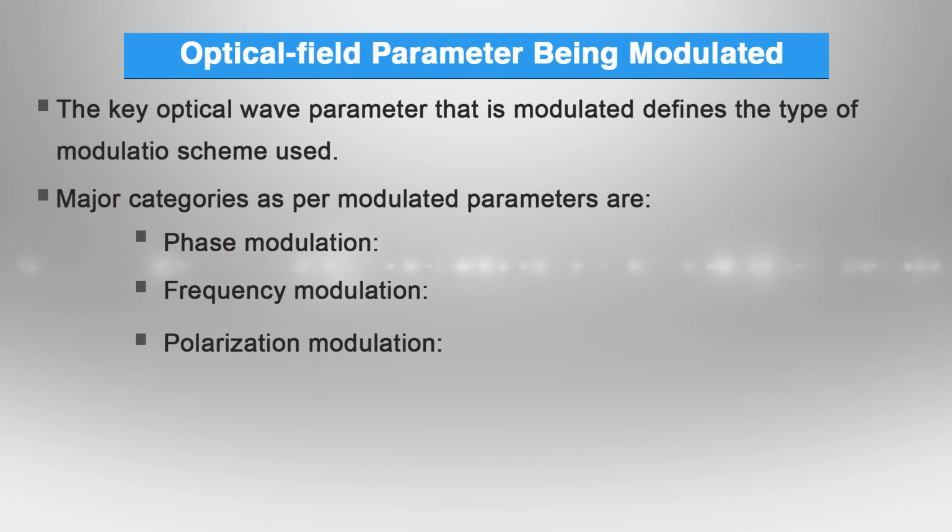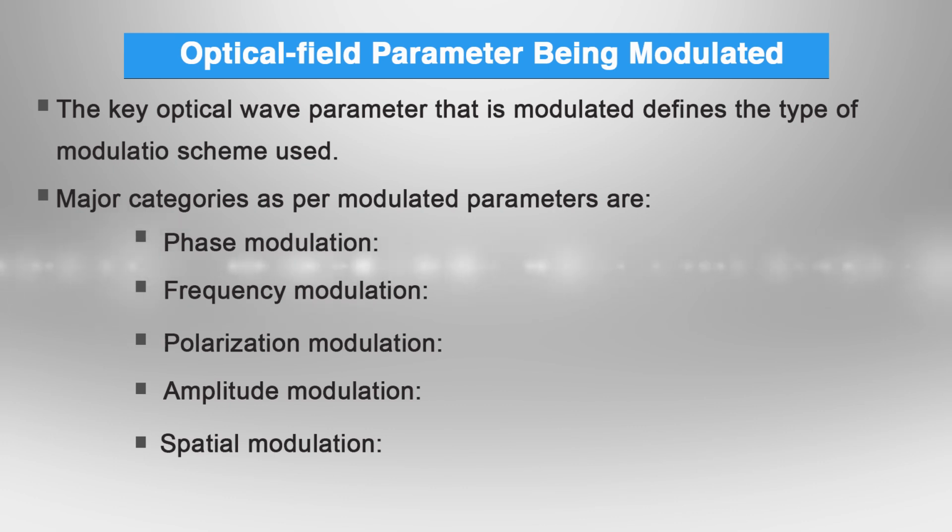Properties related to the vector nature of the optical wave's electric field, like polarization state, direction and ellipticity, are modulated. Next is amplitude modulation. The amplitude or intensity of the optical wave is directly modulated while keeping its frequency and phase constant. Absorption and transmittance modulation can enable this.